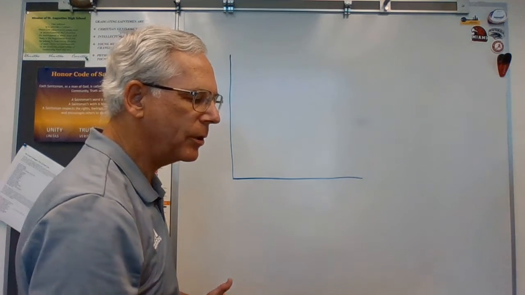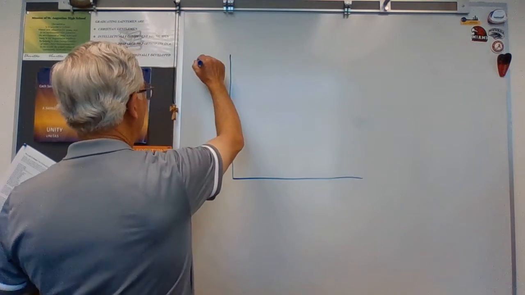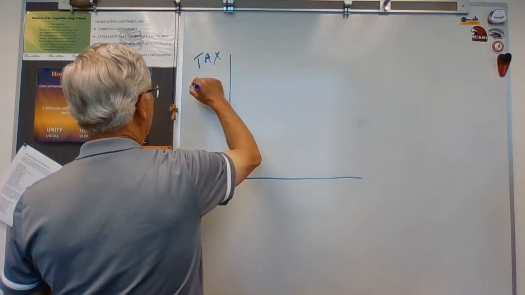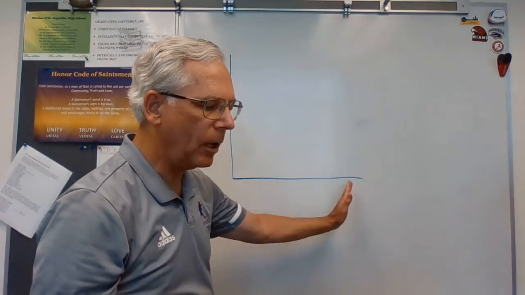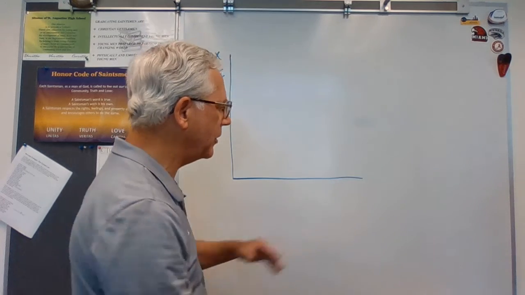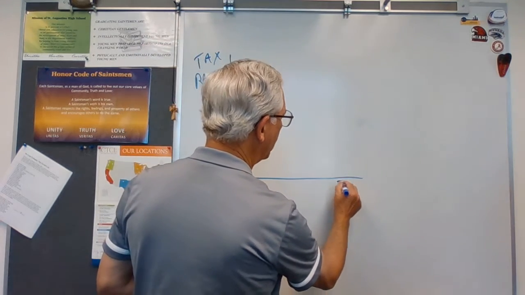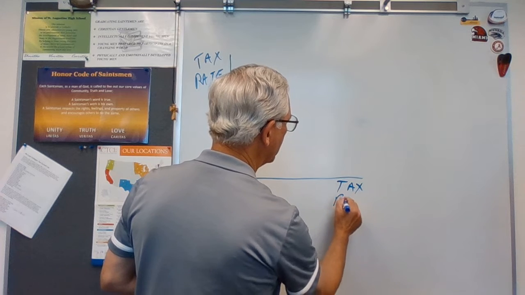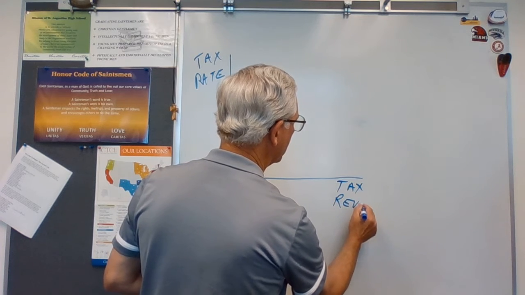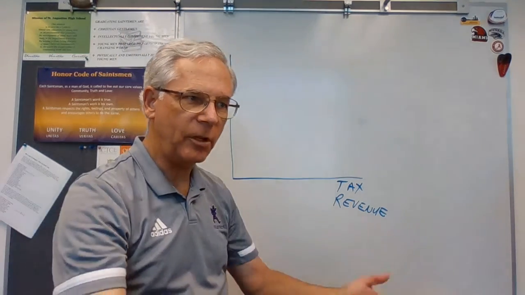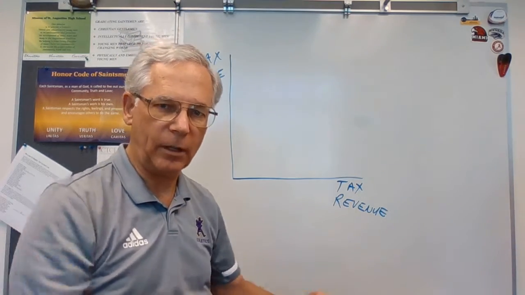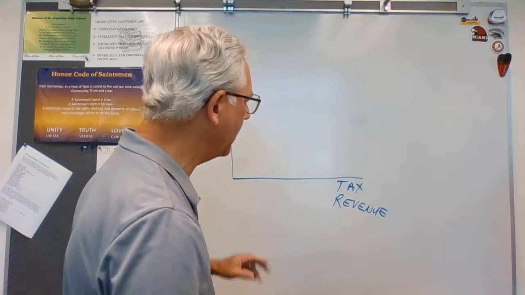In your book, we put the tax rate on the vertical axis, and we put tax revenues, government tax revenues, on the horizontal axis. Remember, tax revenue is the amount of tax the government collects and then has to put into its budget.